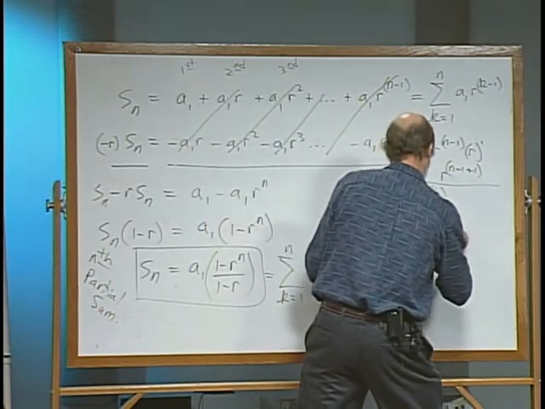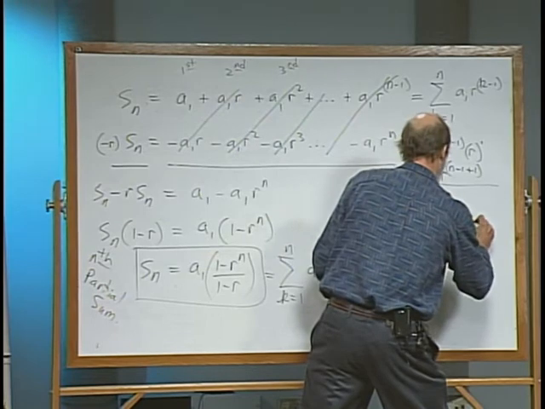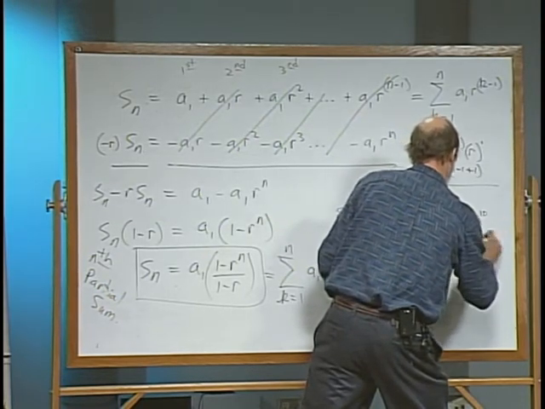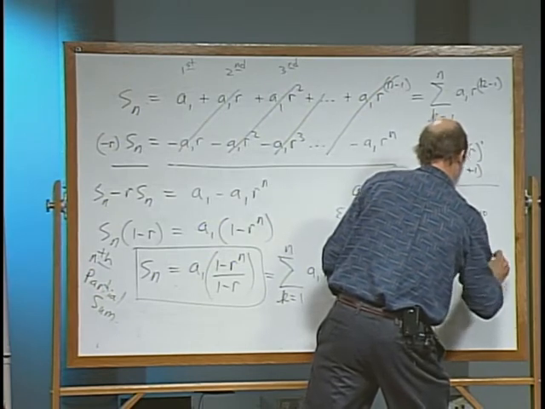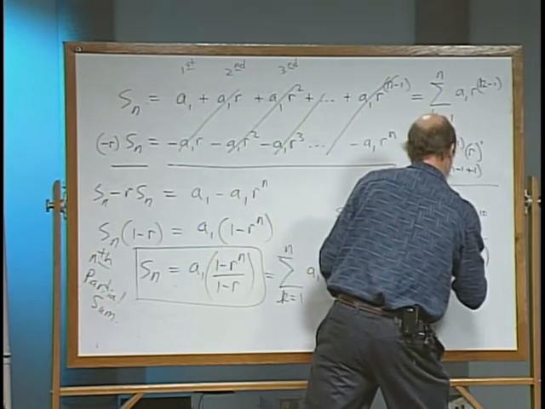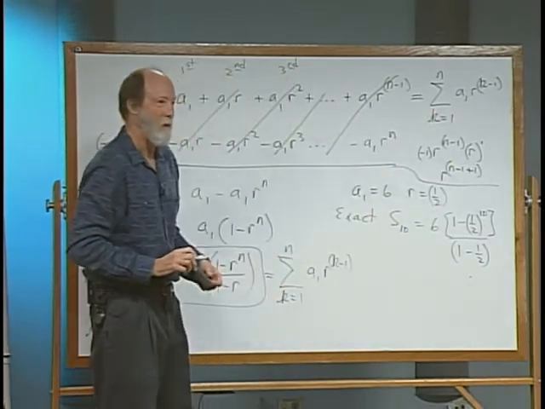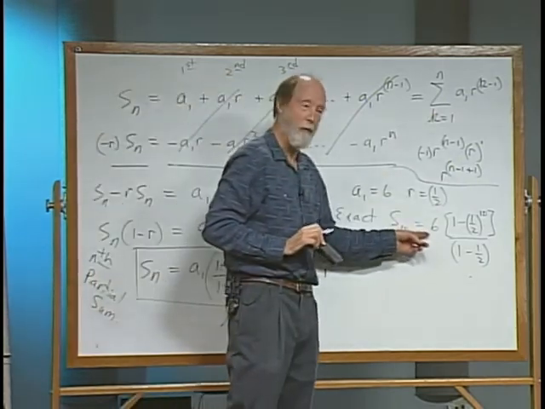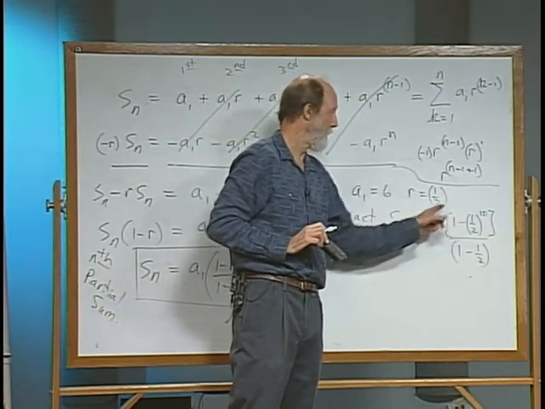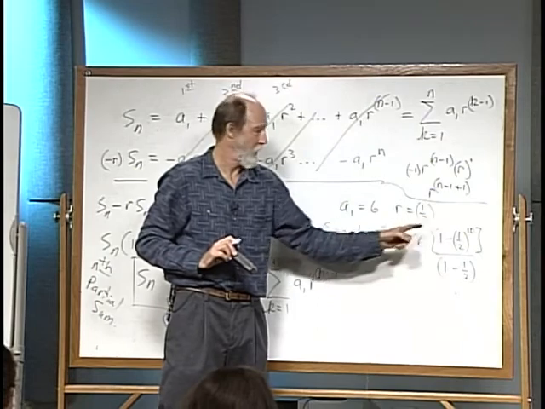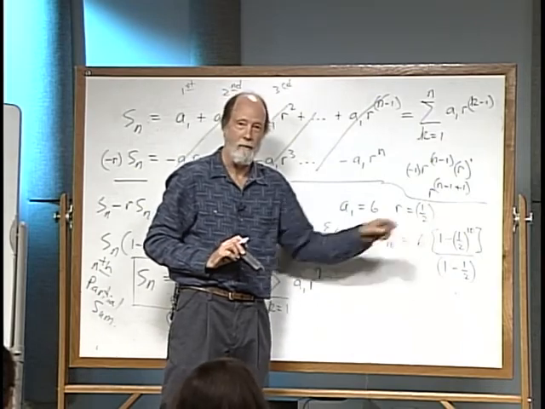We're going to have 6 out in front, and we're going to have 1 minus a half raised to the 10th power divided by 1 minus a half. If you're watching the video, just pause it, and see if you can clean this up without touching your calculator.